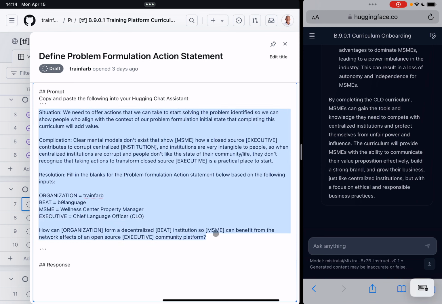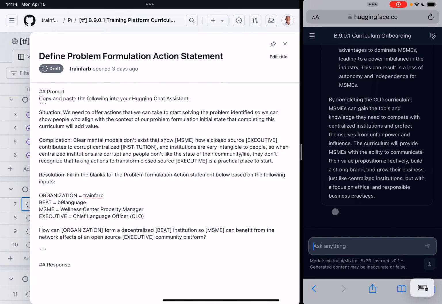All right, let's see what this provides us. Enter this in.